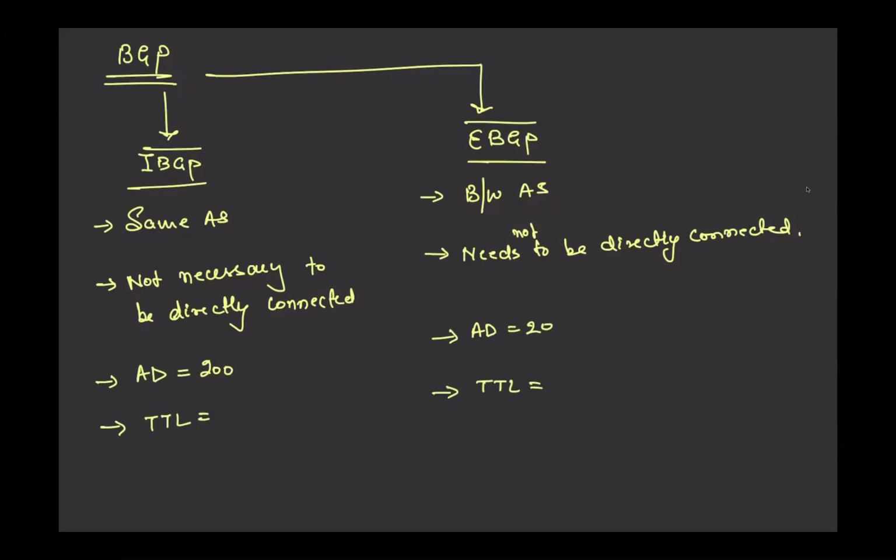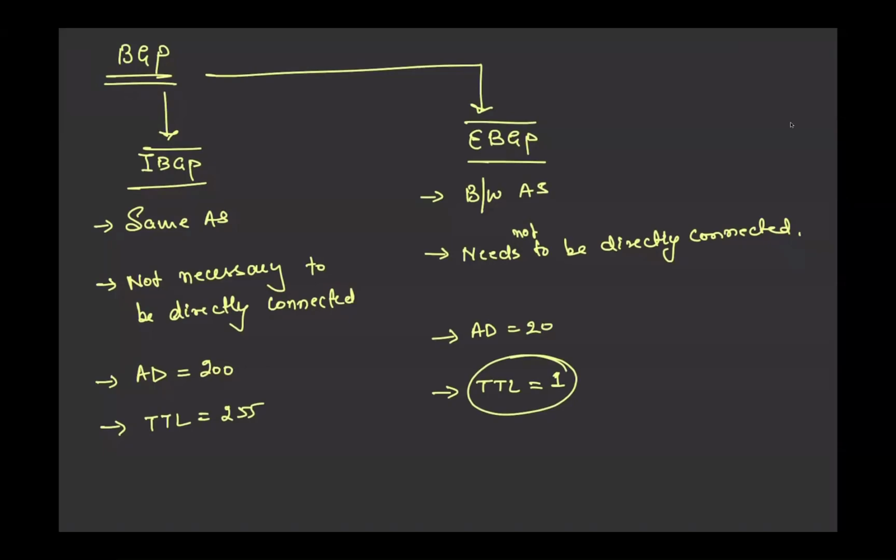It will be 1 for eBGP and 255, I think, for iBGP. So that is the reason why we need a multi-hop command. Exactly. If you want to have a non-directly connected neighborship, you need to have a multi-hop command. Okay.